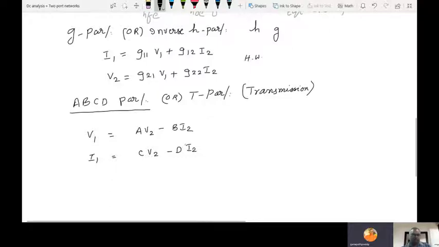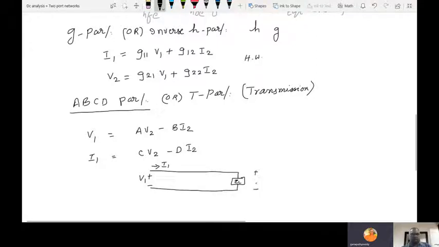Transmission parameters. Why is this negative sign used here? Take any transmission line. When the source V1 is applied, current will flow like this. It is terminated with some load ZL.